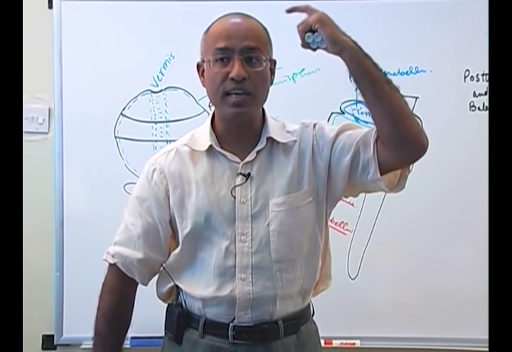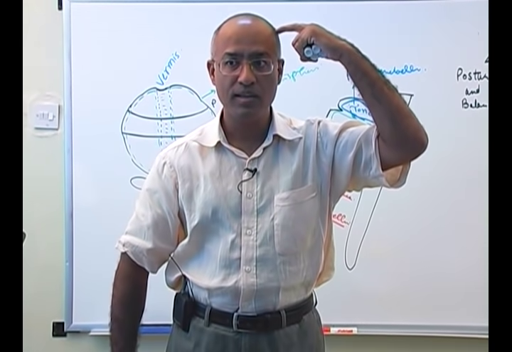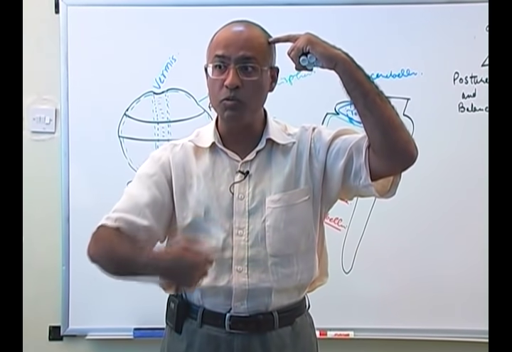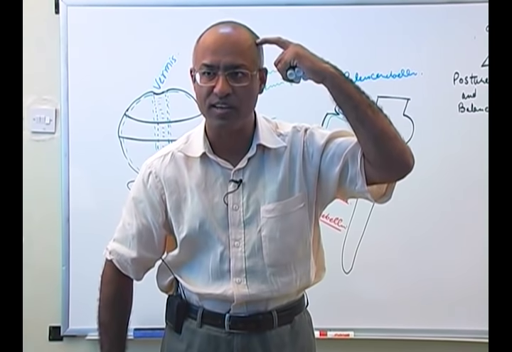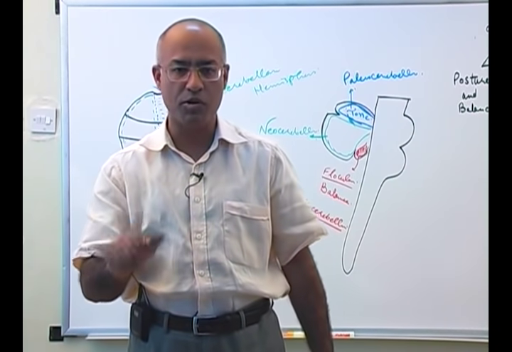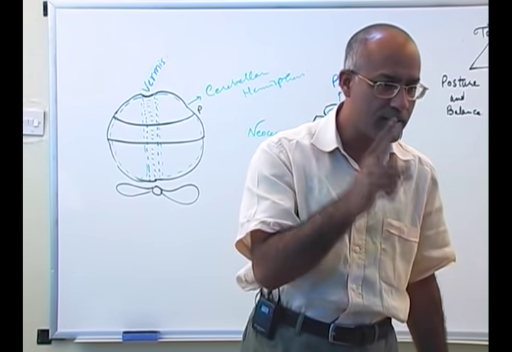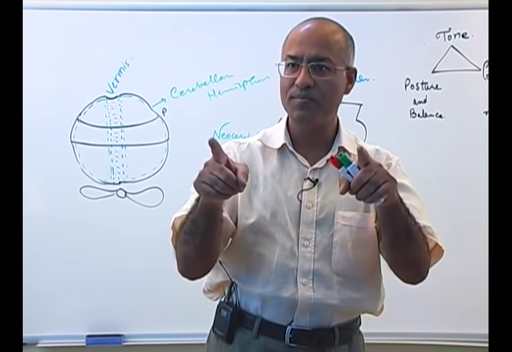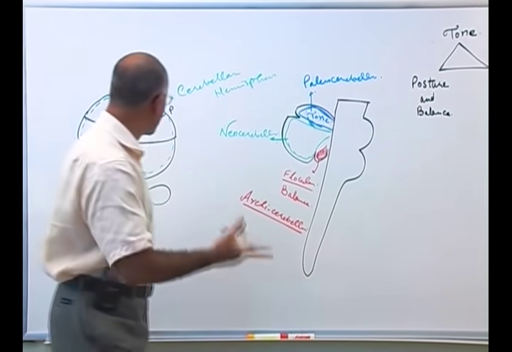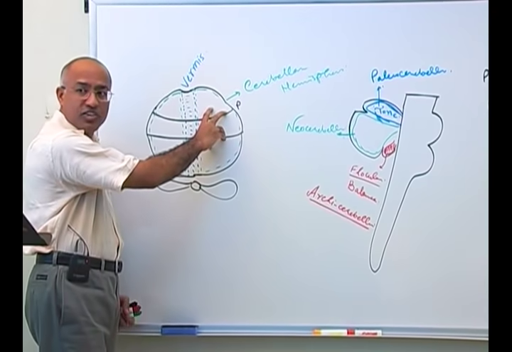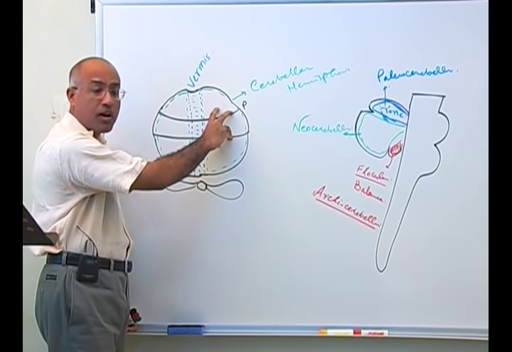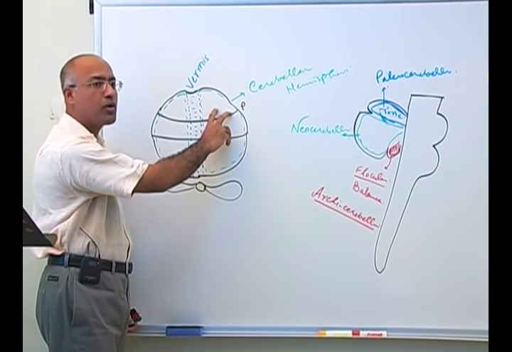Is that right? So cerebrum controls the motor system contralaterally, but cerebellum controls the motor system ipsilaterally. Am I clear? Right. So of course, if one side is damaged, on the same side there will be problems with the tone, problem with the coordination of the movement, and problem with the balance.